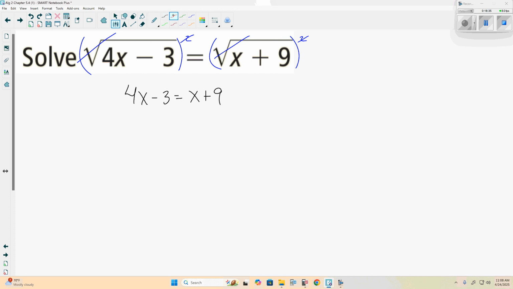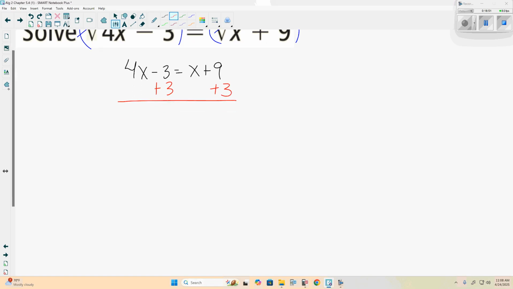What do we need to do next? Yeah. We can add 3 to both sides. We could subtract 9. I prefer adding 3. Yes. Because if we add 3 to both sides and then subtract x, our x term stays positive.